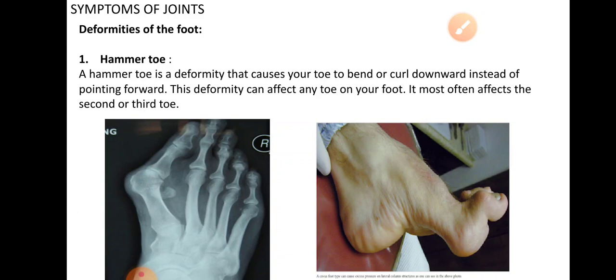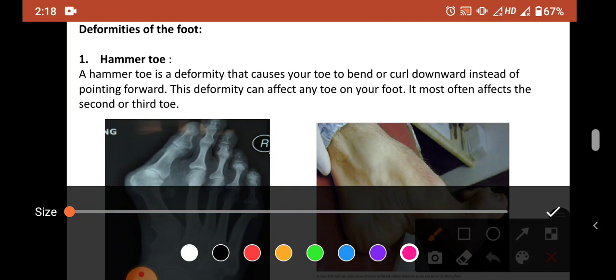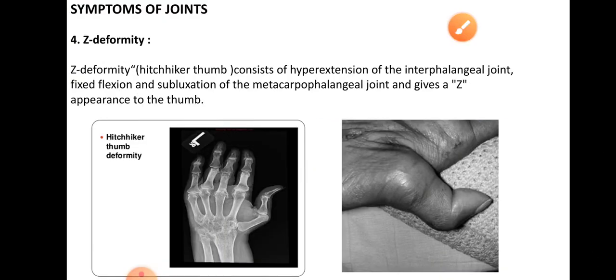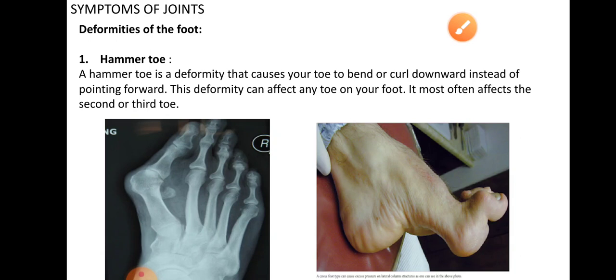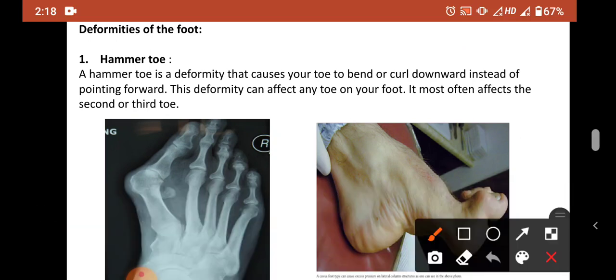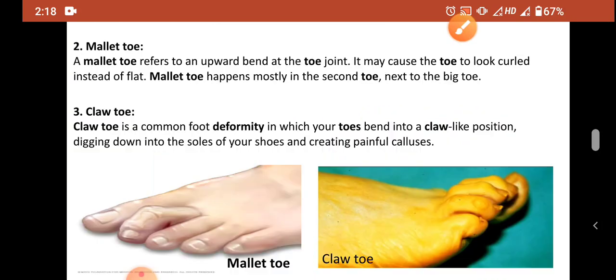So in the picture you can see the foot here, how it has bent like a hammer. So this toe has bent like a hammer, right? So that is why it is commonly called hammer toe.